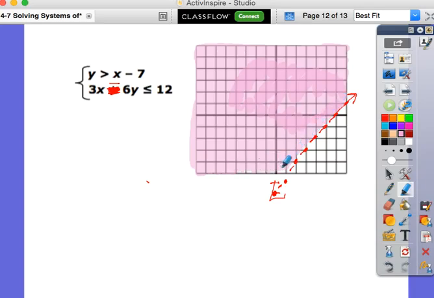So all these ordered pairs are a solution to that inequality, except for the ones on the other side, and the points that are on that line don't work either because it's dotted. Yes? Is that graph right?